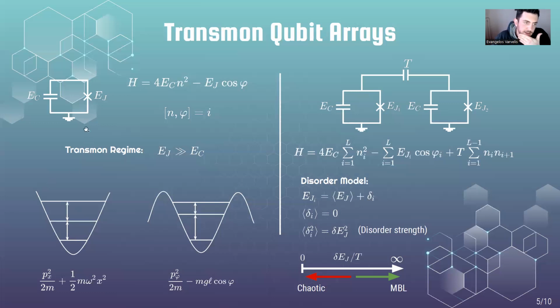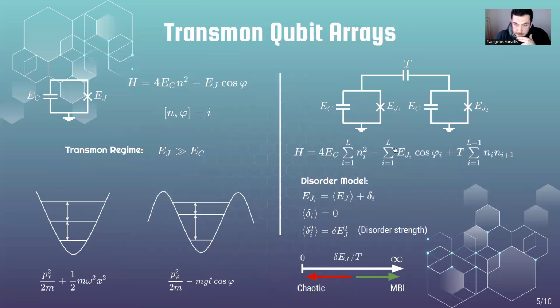Right, so now that we have our single qubit, again, we want to couple them, and the coupling I will model here is capacitive coupling, which ends up with a Hamiltonian of this form. So we assume nearest neighbor coupling only, and no specific boundary conditions.